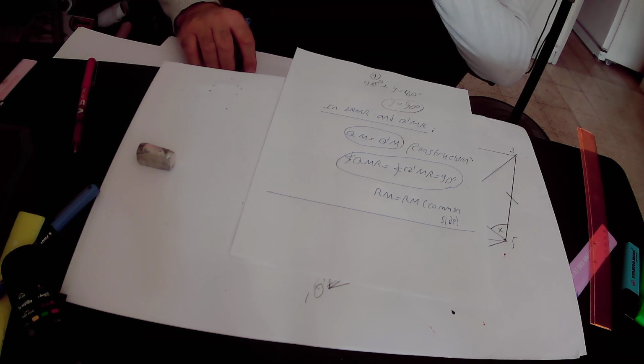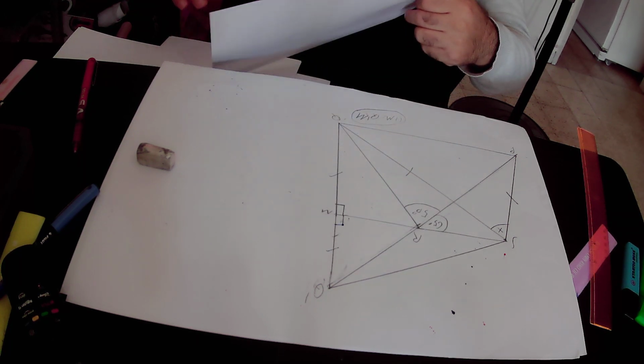So we actually proved that the right triangle QMR is congruent to the right triangle QDSMR according to the side angle side rule. So I write it down.